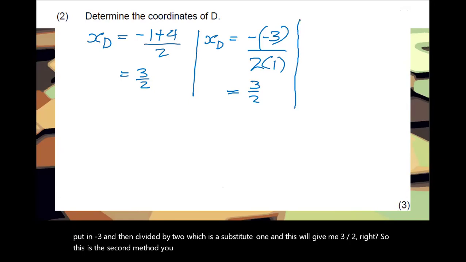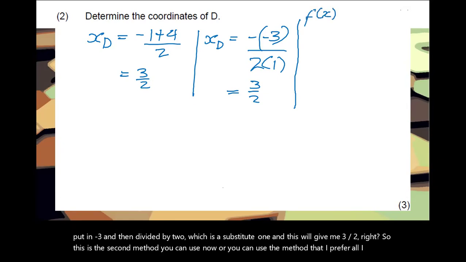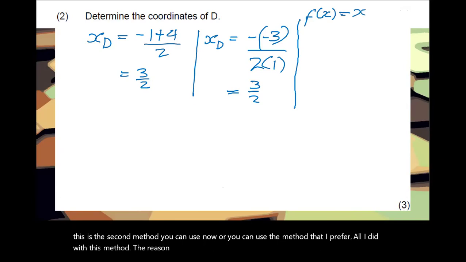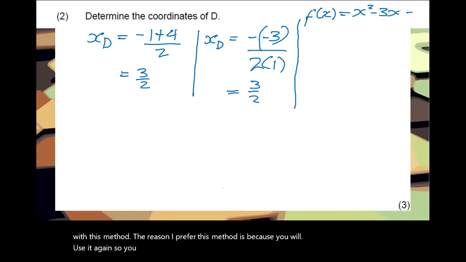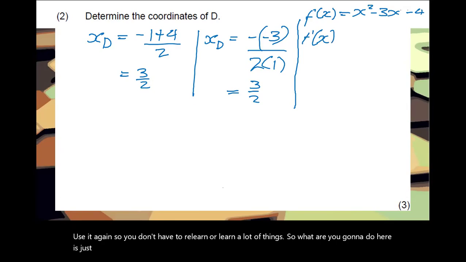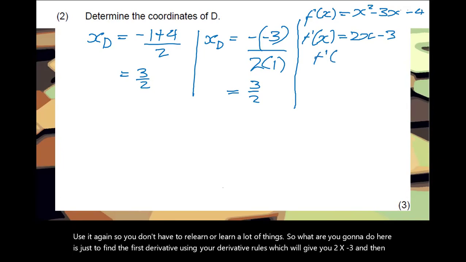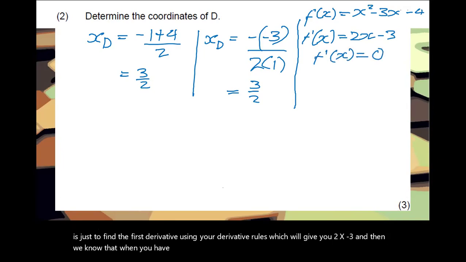Now, or you can use the method that I prefer. The reason I prefer this method is because you will use it again, so you don't have to relearn a lot of things. What you're going to do here is find the first derivative using your derivative rules, which will give you 2x minus 3. And then we know that when you have a turning point, the first derivative is equal to 0.